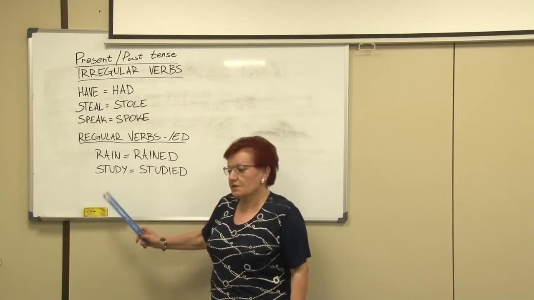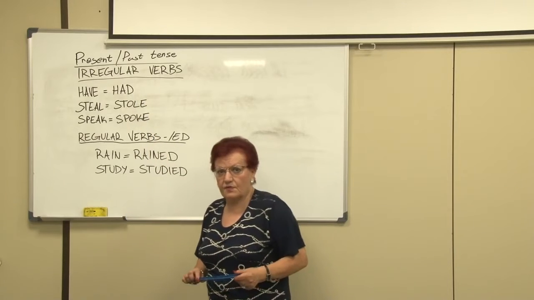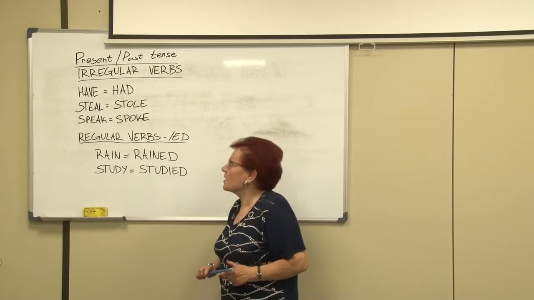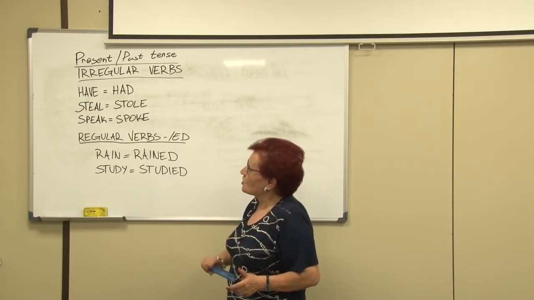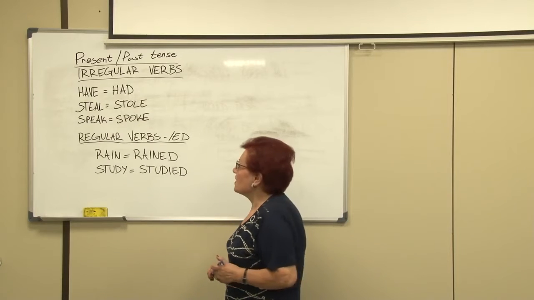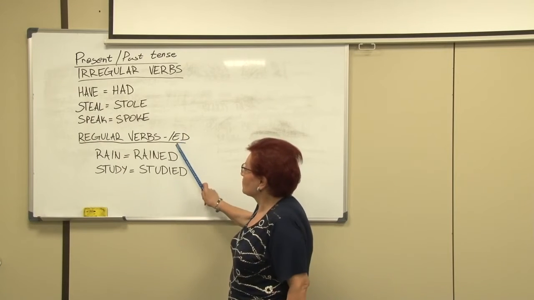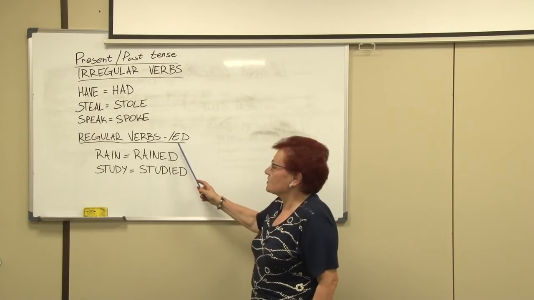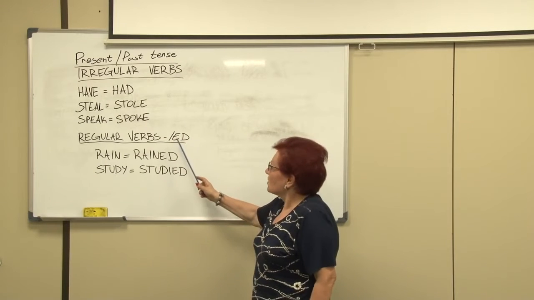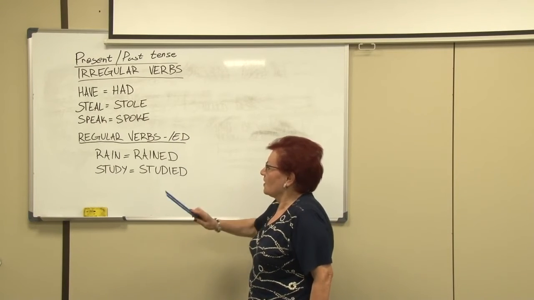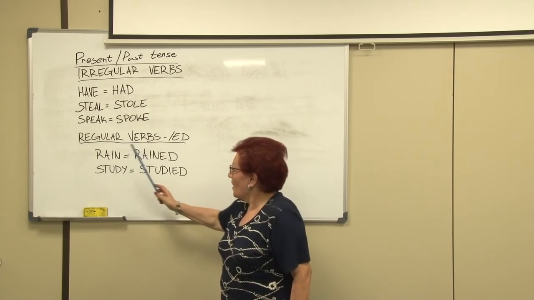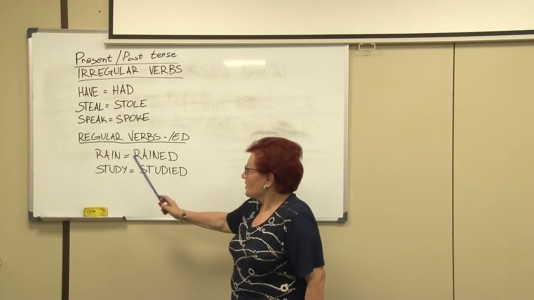From the previous five sentences, as examples, I mentioned that we have irregular and regular verbs. Regular verbs usually form the past simple tense with ed. Rain, rained.